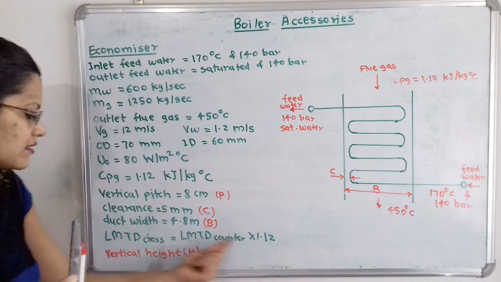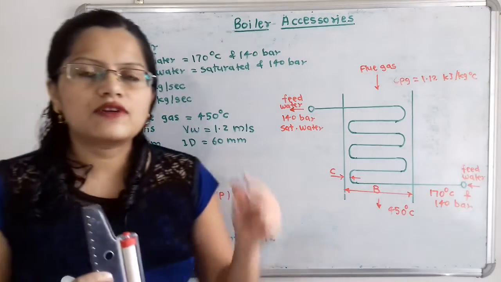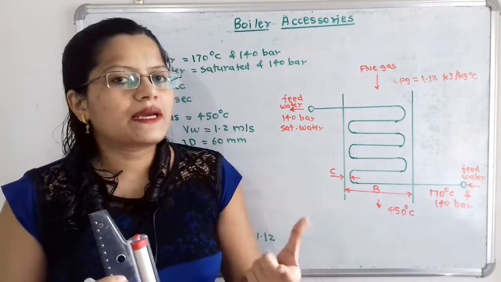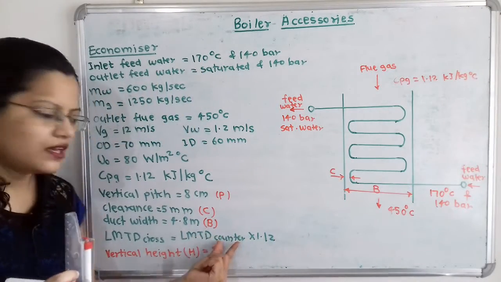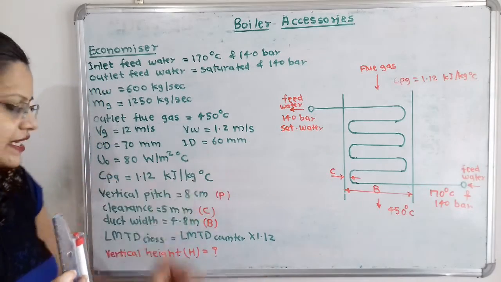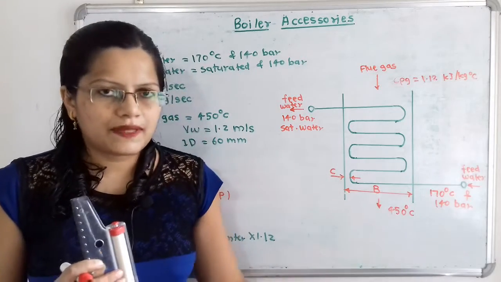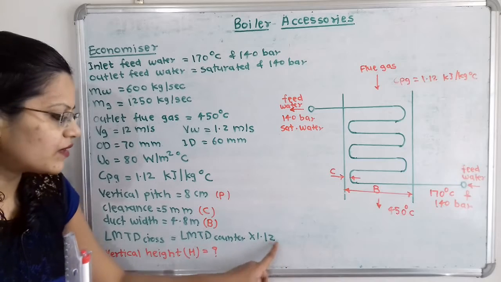So why is this condition given? Because whenever we calculate the log mean temperature difference, that value is for LMTD counter, and this is the correction factor. So for this given setting, if we have to find the actual log mean temperature difference, then we have to multiply with this correction factor 1.12.